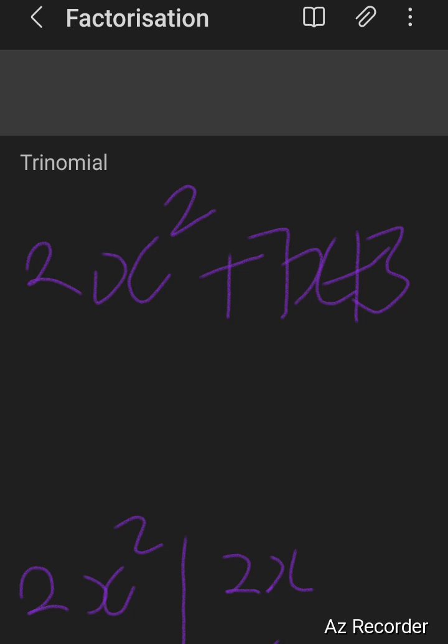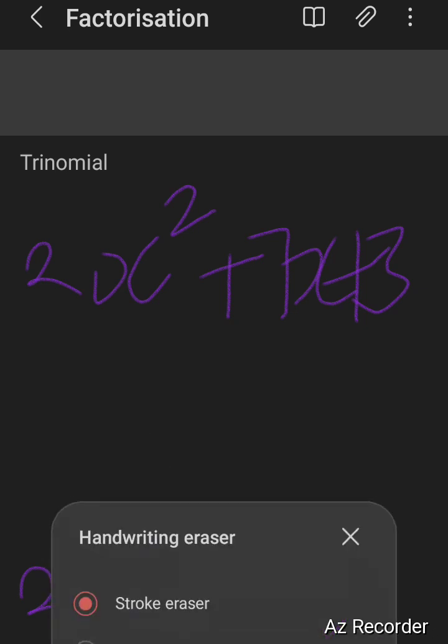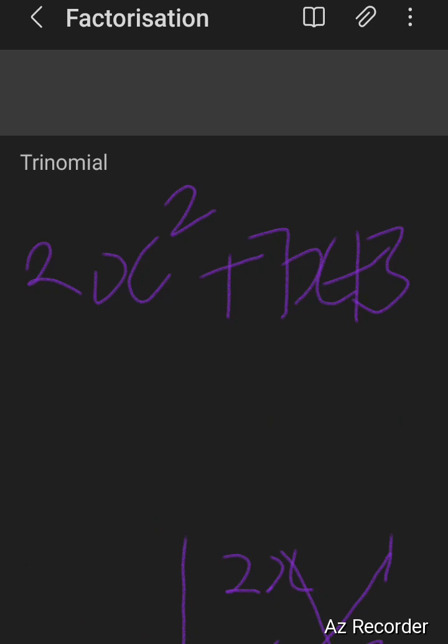So what about the factors of 3? Factors of 3, let's try 1 and 3 first. Remember, guys, we are trying here by investigating first, right? So what is 2x times 3? 2x times 3, that will be 6x.